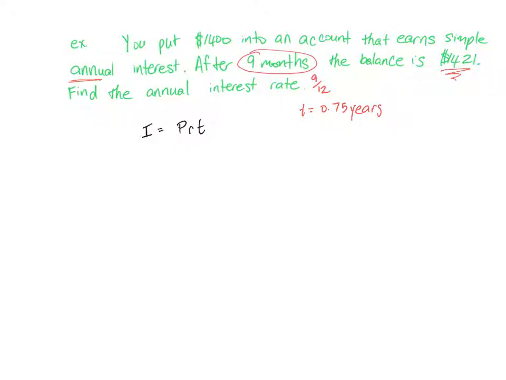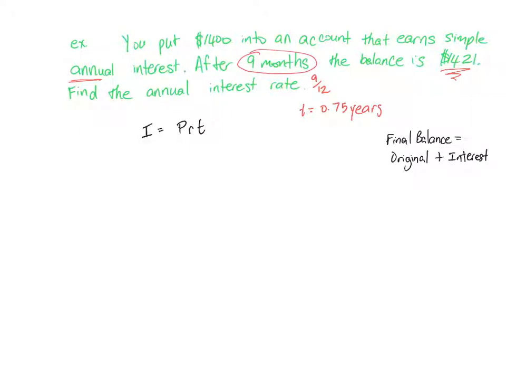So the interest is the extra you earn, but the final balance is what you end up with. So now that you remember how interest works, remember that the final balance is always going to be the original amount plus the interest.